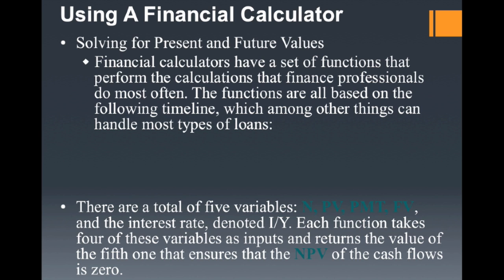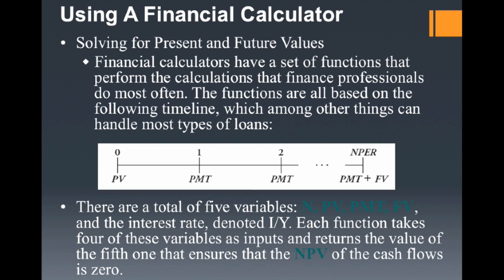And then the next step is to set up the timeline. When you look at a problem, the first thing you're going to figure out is what are the variables that we're looking at? What are we trying to solve for? Then you're going to set up the timeline. And in this timeline, you see that there are tick marks where there's a number 1 and a payment below it. The number 1 stands for the end of period 1, which is also the beginning of period 2.